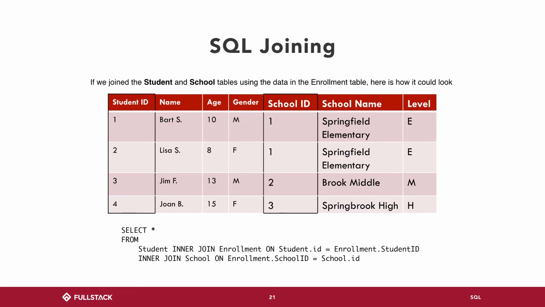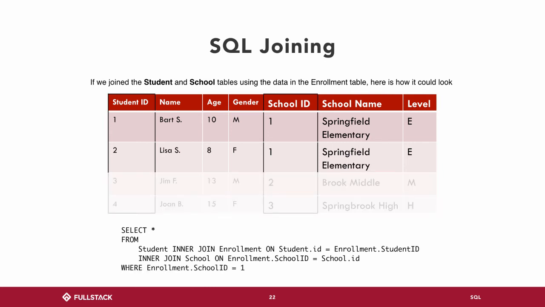And when you think about a many-to-many, a student can have multiple enrollments, and a school can have multiple enrollments. So if we're only interested in Springfield Elementary School, we can basically limit our results by saying, hey, look, we're interested in these relations, but we're only interested when the enrollment school ID is 1.